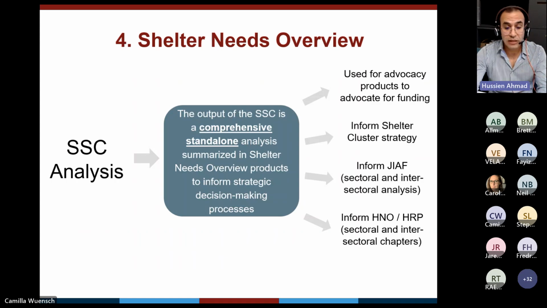The ultimate result of the SSC analysis is to get into the shelter needs overview, which will be a comprehensive product.